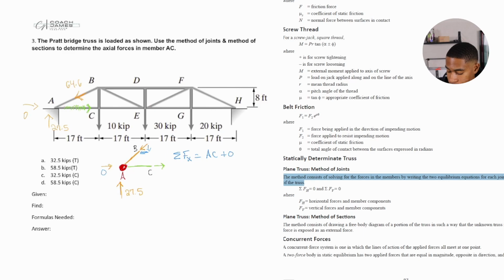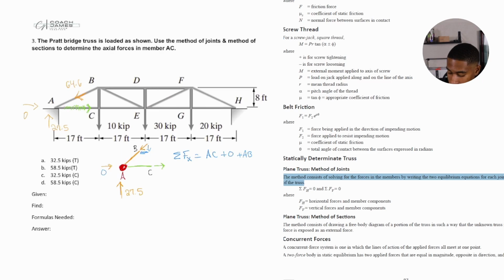So to the left, it's going to be minus AB, or not minus, we've drawn it the correct way. So there's going to be plus AB.